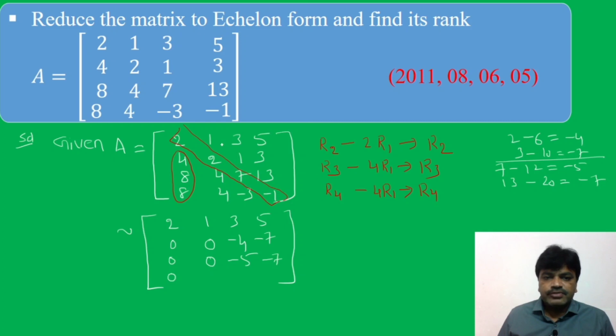R4 minus 4R1, so this value is 0 clearly, and then minus 3 minus 12, minus 15, and then minus 1 minus 20, minus 21.